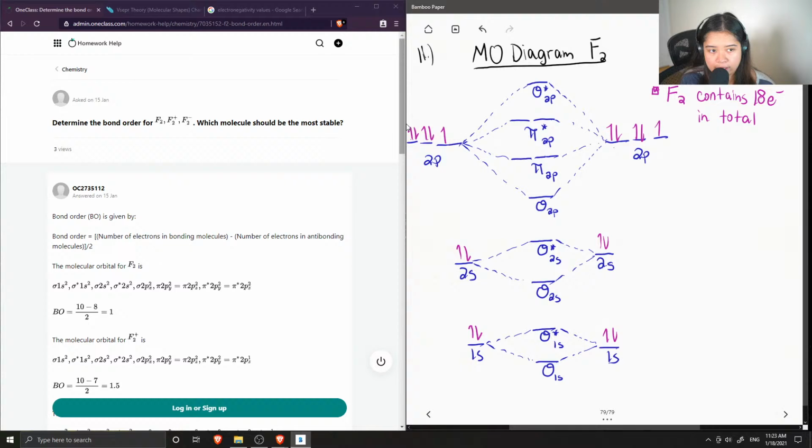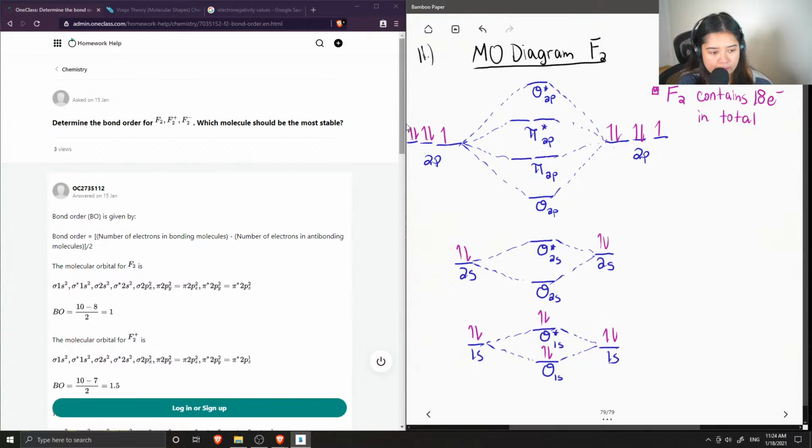So now that I filled in both of my individual fluorine atoms, now we can see where the electrons will come in and fill up all of the sigma and sigma star and pi star orbitals in this molecular orbital diagram. So since we have 18 in total, I'm just going to fill in the electrons the same way you would, with opposite spins.